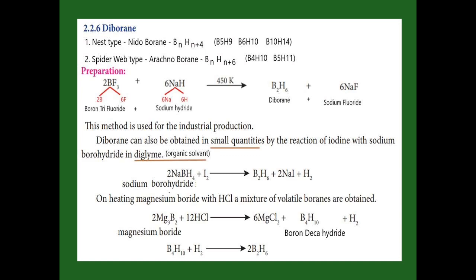That tetraborane is one of the volatile boranes. That tetraborane once again reacted with hydrogen gives diborane. So in the first step we get tetraborane, in the second one we get diborane. It is called a mixture of volatile boranes from the magnesium boride.